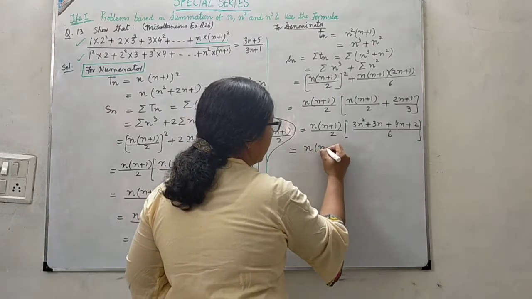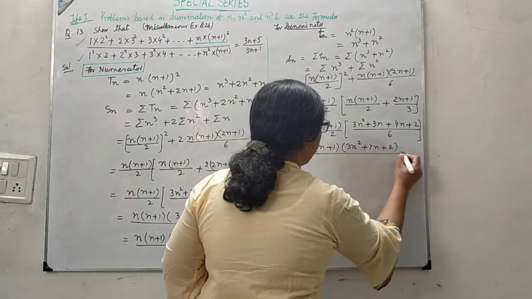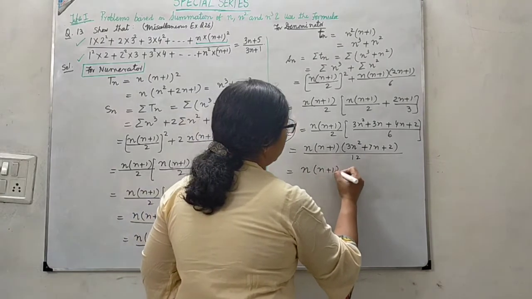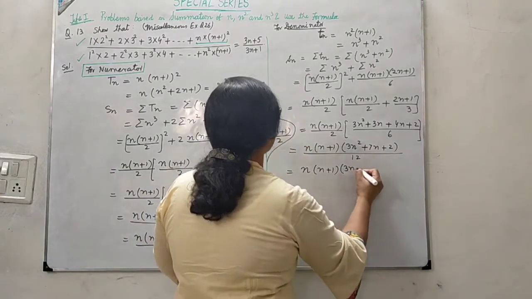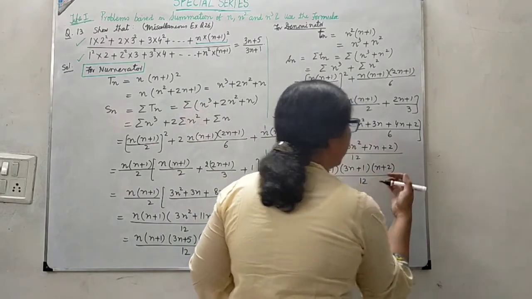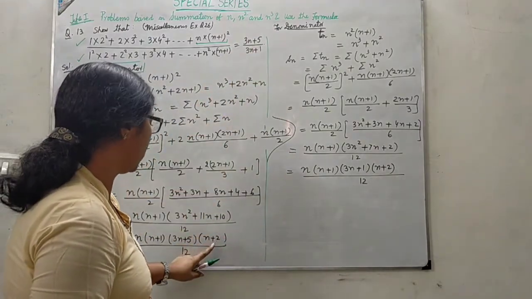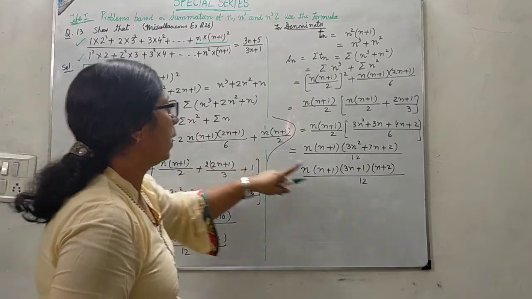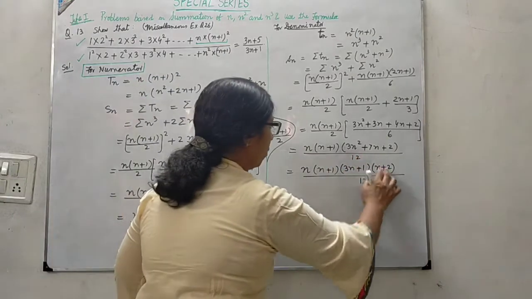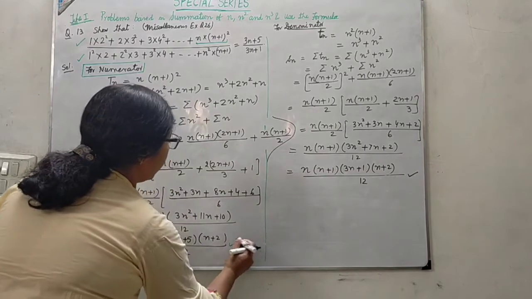So now this is n plus 1, 3n square plus 7n plus 2, and if I make the factors by splitting the middle term, I will be getting n into n plus 1 into 3n plus 1 into n plus 2 by 12. If you want to be quick in factorizing, you can guess your answer: n plus 2 is there, and these two terms are all there. So n plus 2 must be a factor of this. So we have got the denominator as well as the numerator, the separate Sn.